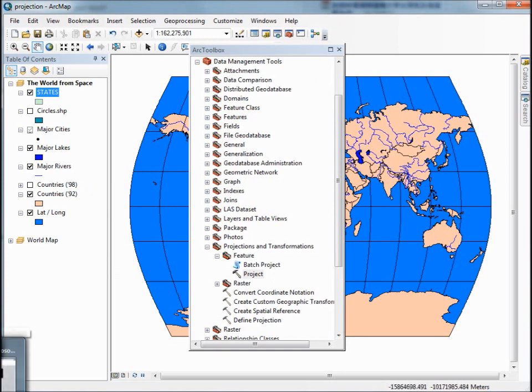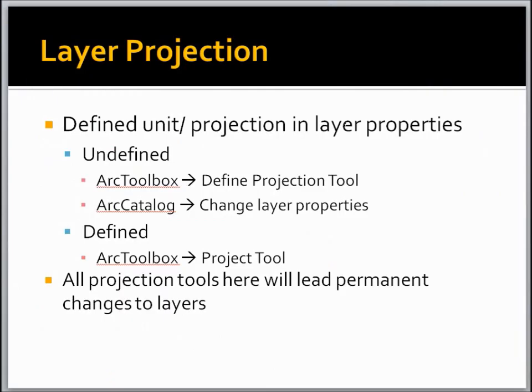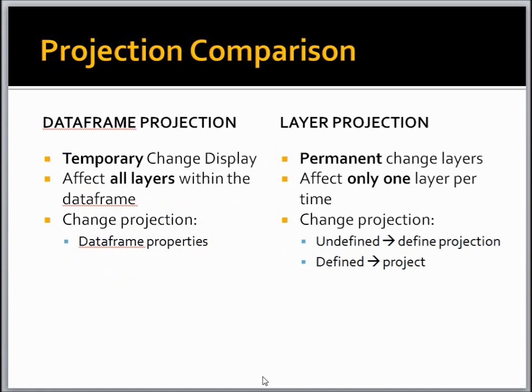So now let's go back to the slides. Let's just review those here. You can always come back and take a look at that. All the projection tools here will lead to permanent changes to the layers, unlike the data frame projection. The last thing we want to do is a comparison between the data frame projection versus the layer projection.